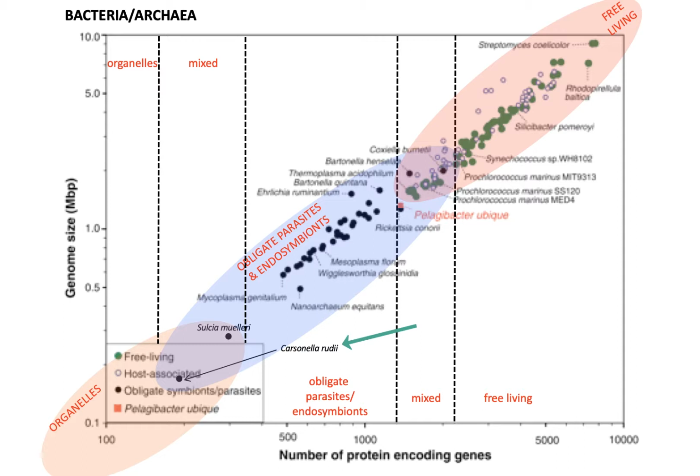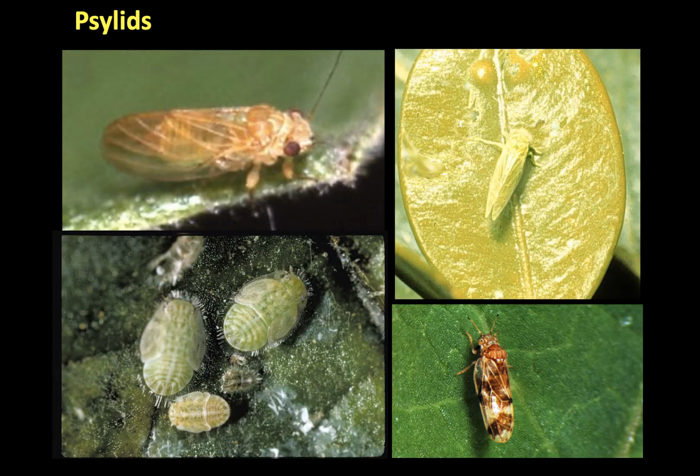It has the smallest known genome of any bacterial endosymbiont or any bacterium at all. And it really verges on being an organelle rather than just a bacterial endosymbiont. The Carcinella cells live within the cells of these psyllids, and these are also sap-feeding insects, which also carry some pathogenic plant diseases.